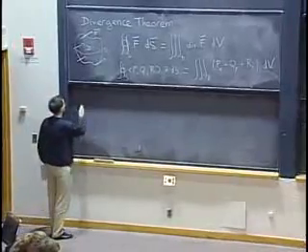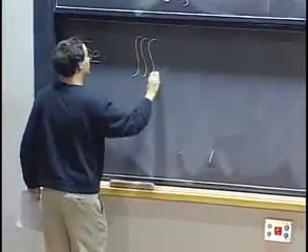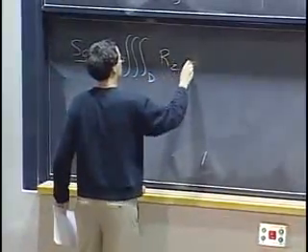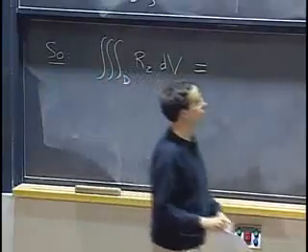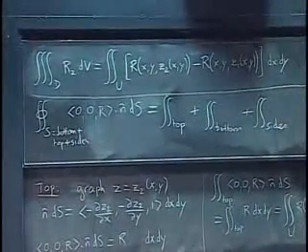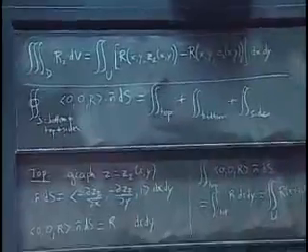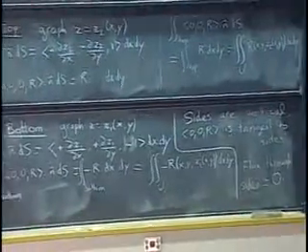Just to recap, we got a formula for the triple integral of r sub z dV. It's up there at the very top. And we got formulas for the flux through the top and the bottom and the sides. And when you add them together, you get indeed the same formula.